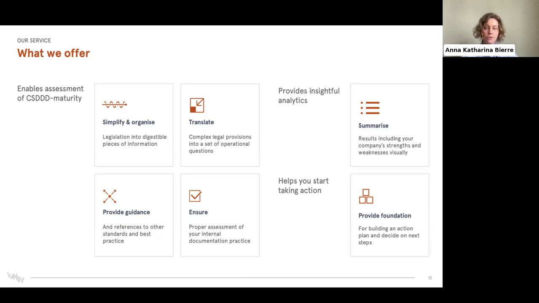Then we also wanted to ensure that companies look a bit critically at the documentation, because it's actually a separate requirement that companies need to be able to document their due diligence. So it's not enough to have good due diligence processes in place, it needs to also be documented.